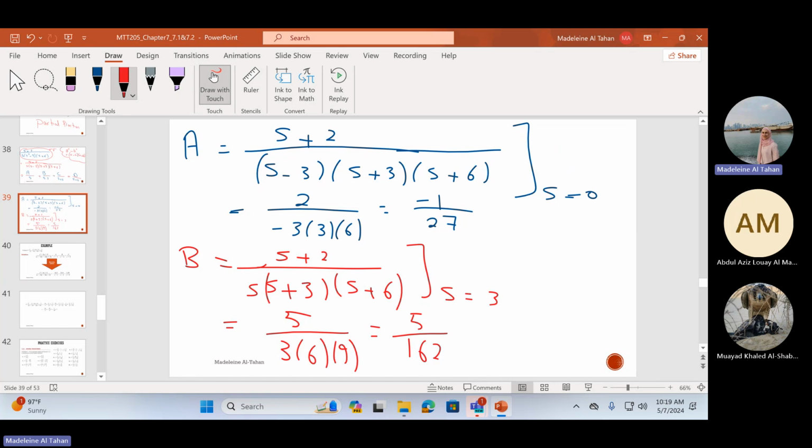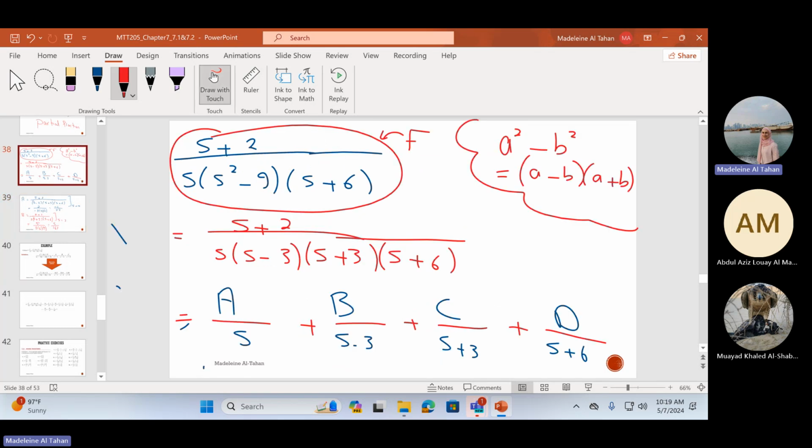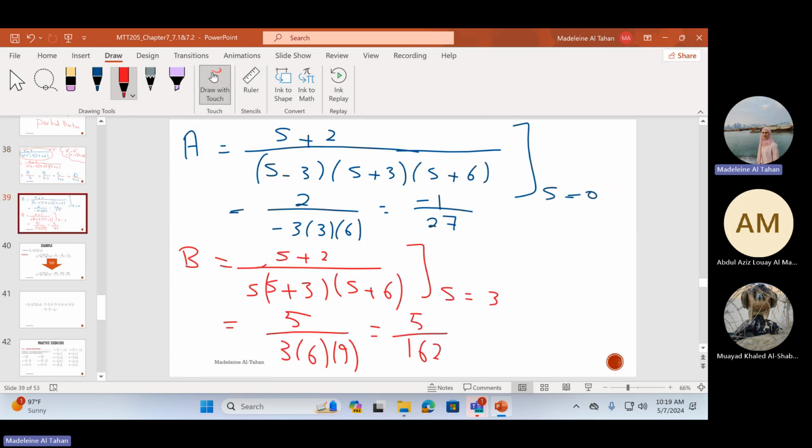Just before we continue, C, how can we find it? What should we hide? s plus 3. What are we left with? And where should we evaluate it? At negative 3. Perfect. Did you write this one? Please write these ones. And this method, we call it Heaviside cover-up method.